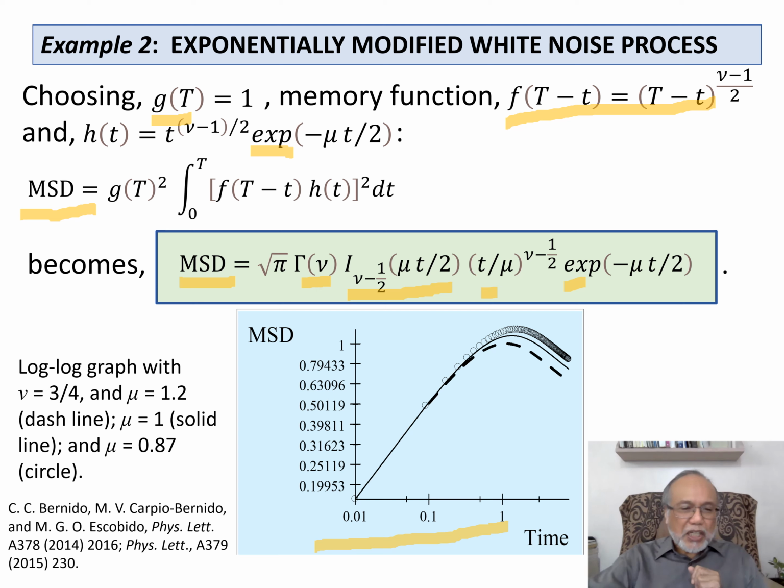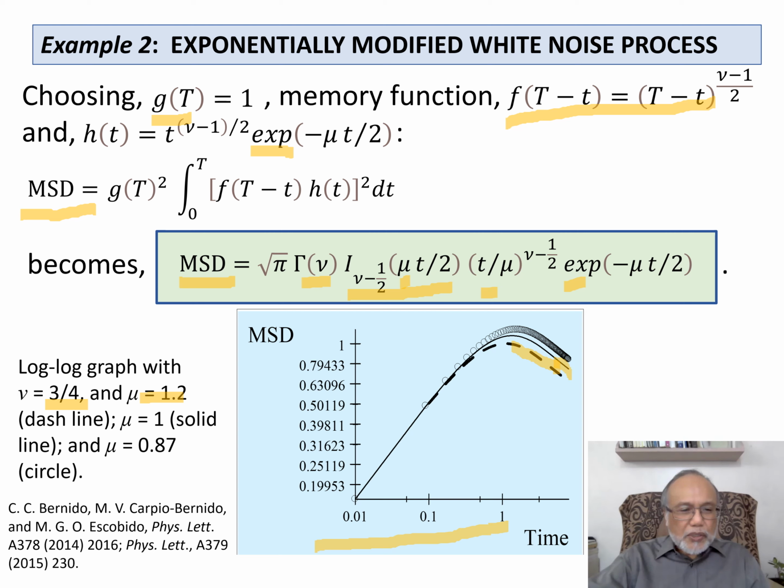In fact, in this particular example, if you plug in a value of nu equal to 3/4, and then different values of your mu, then for mu equal to 1/2, you have this dashed line. For mu equal to 1, you have this solid line here, the second one.